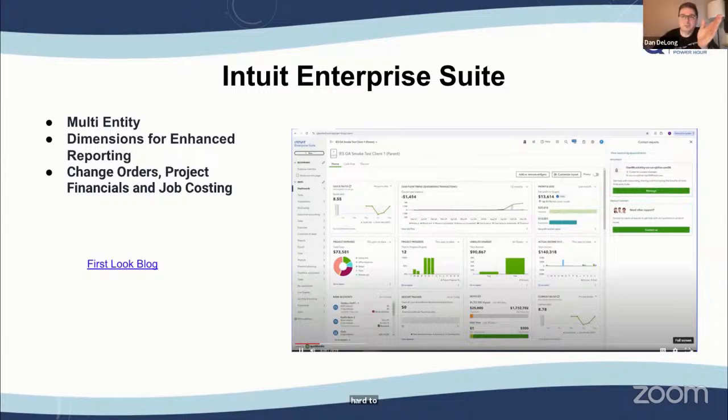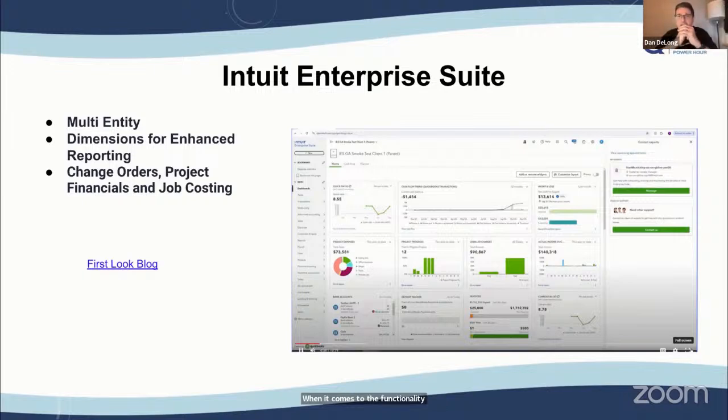And I think their first pass at ideal fit for Intuit Enterprise Suite is the people who are already on QuickBooks Online that have multiple entities, that have those kinds of workflows, and are bumping up against the ceiling when it comes to the functionality inside of the online ecosystem.